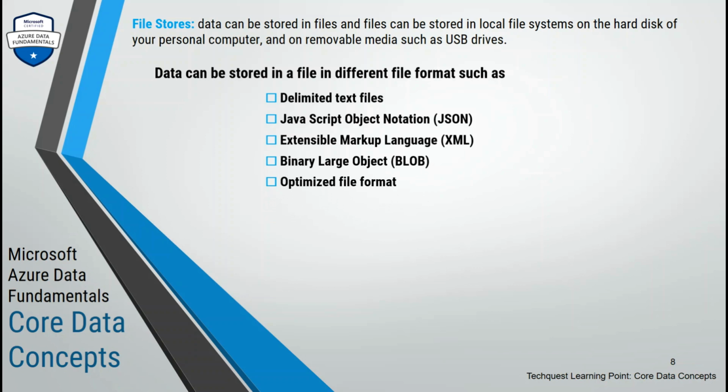The specific file format used to store data depends on a number of factors, including the type of data being stored, structured, semi-structured, or unstructured, the applications and services that will need to read, write, and process the data, and the need for the data files to be readable by humans or optimized for efficient storage and processing.